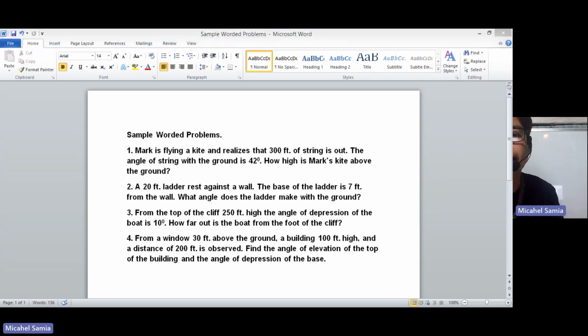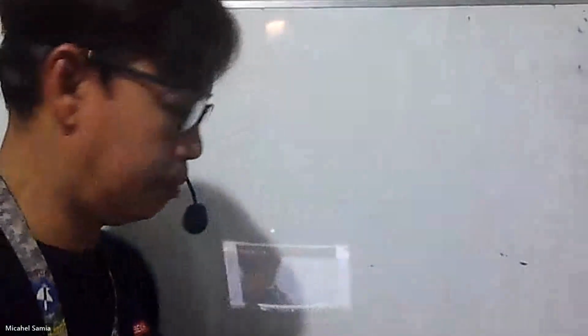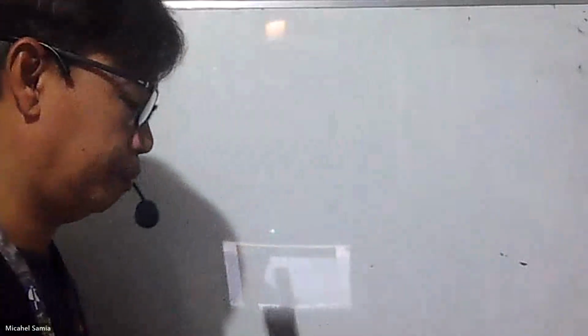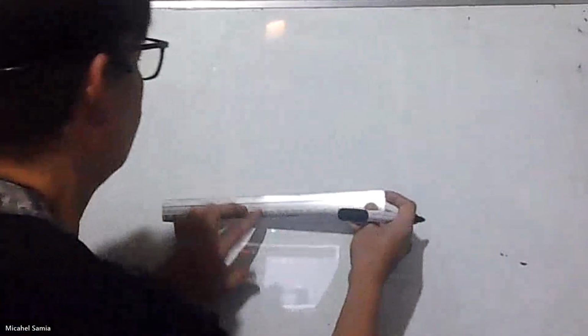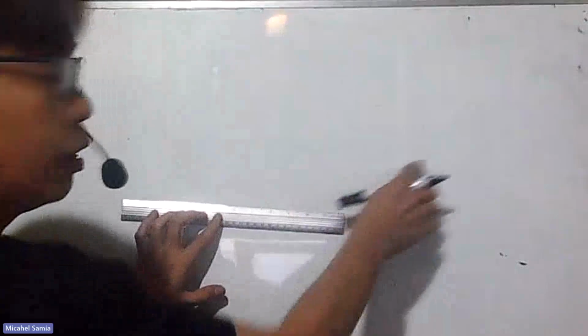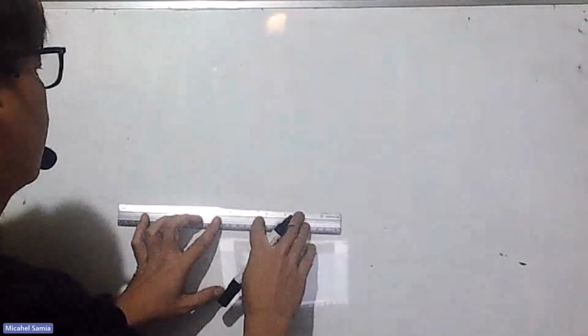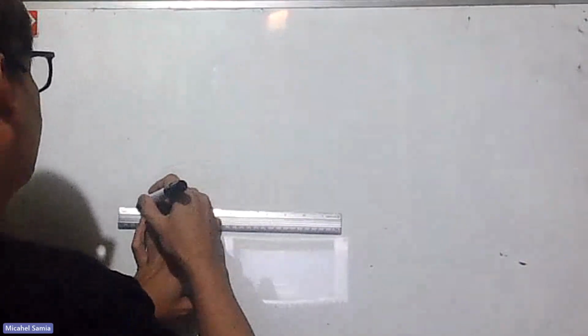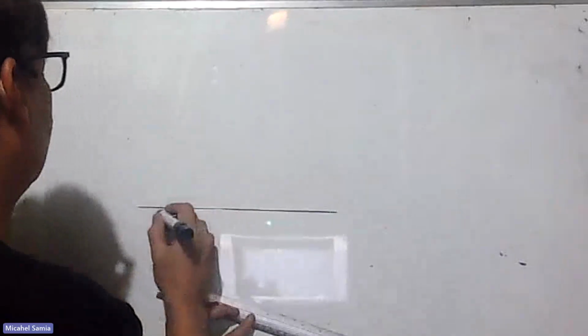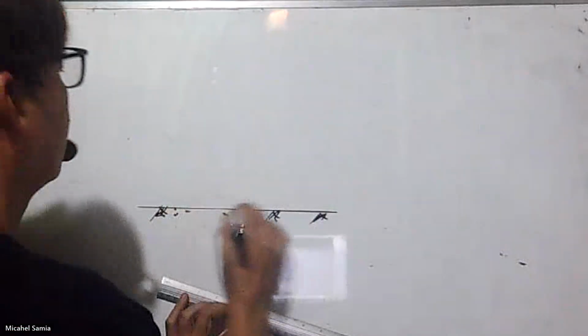I'll remove the share tray. So, let's say this is your ground again. Okay, so you have two buildings.